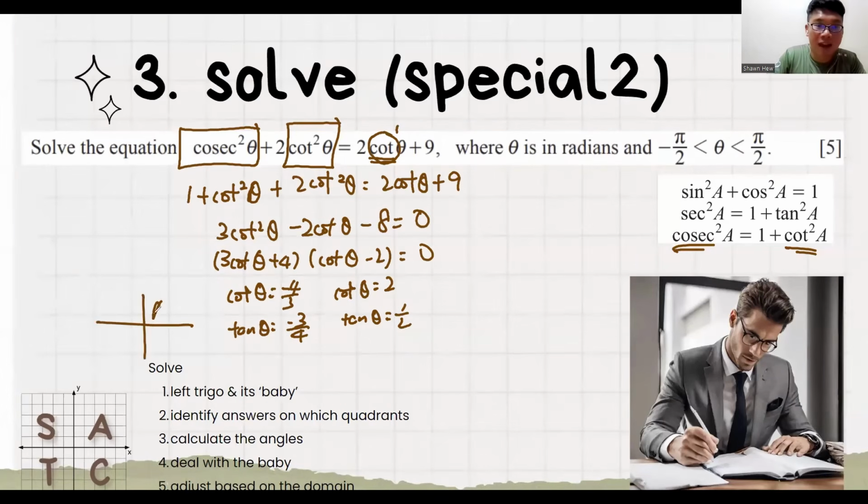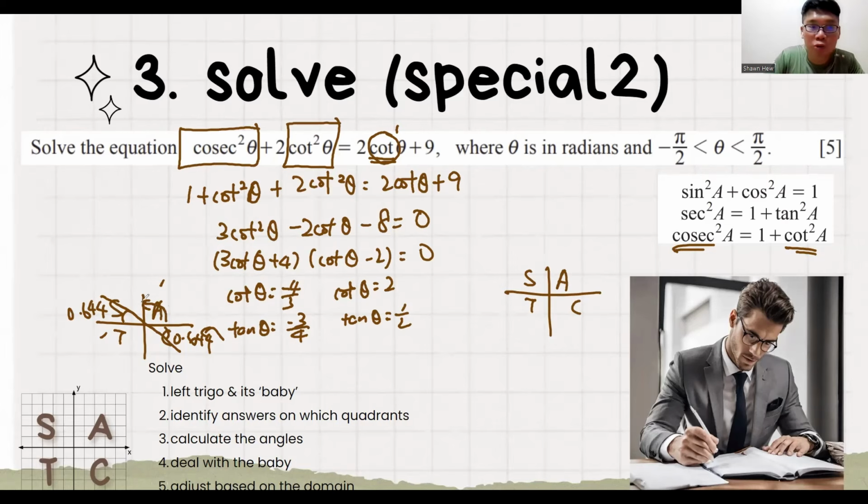So we have two parts of ASTC. Tangent positive here, tangent negative here. 0.644. Until here, it's already pi over 2. So when we turn to here, it already exceeds pi over 2. So the positive part we reject already.